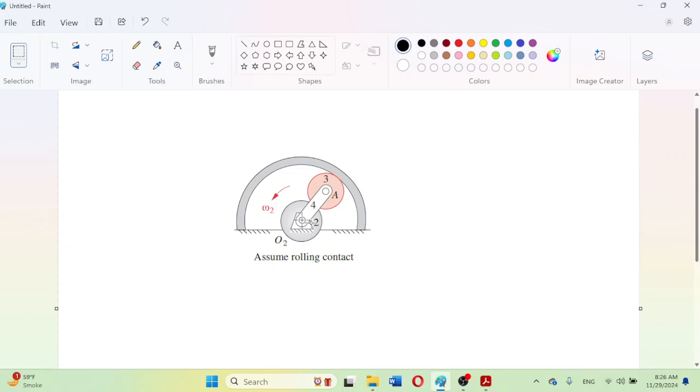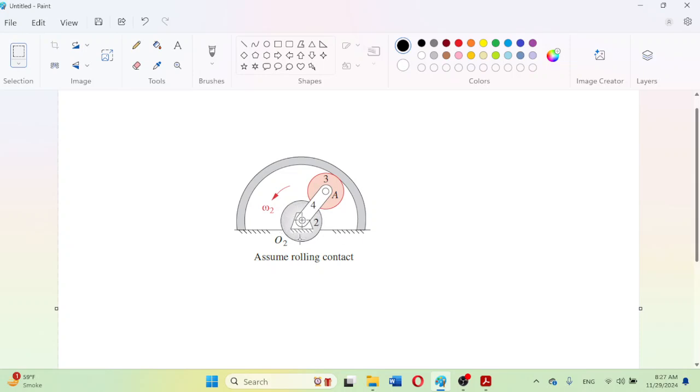So we can independently apply the formula to determine the instant center. Here there is a multiple order joint, as we can observe; the order of the joint is 2, because here there are 3 links, and the order of joint concept states that the order of a joint is equal to 1 less than the number of links joined at a joint.